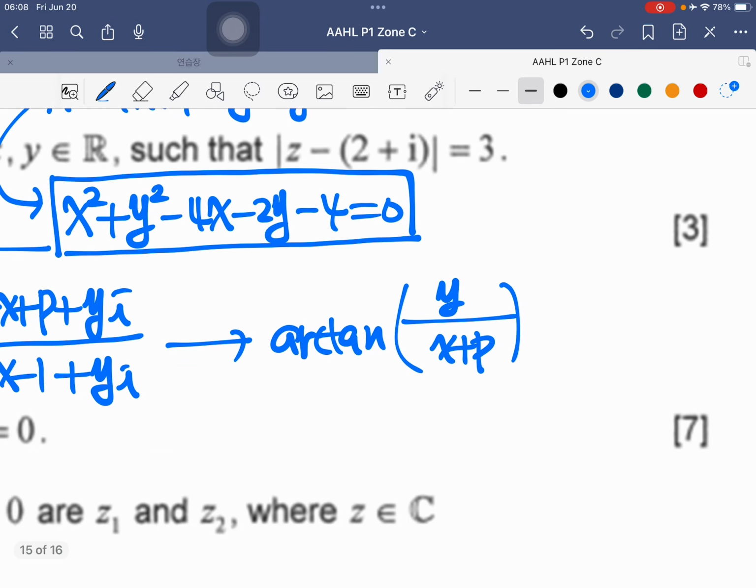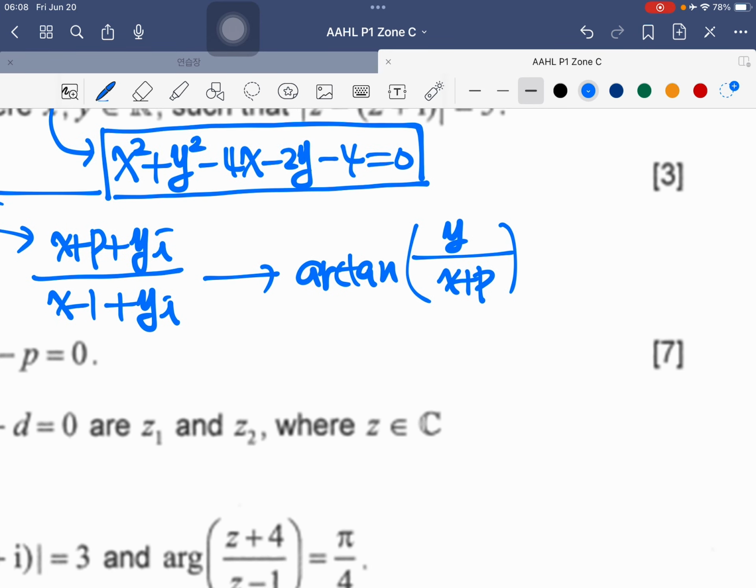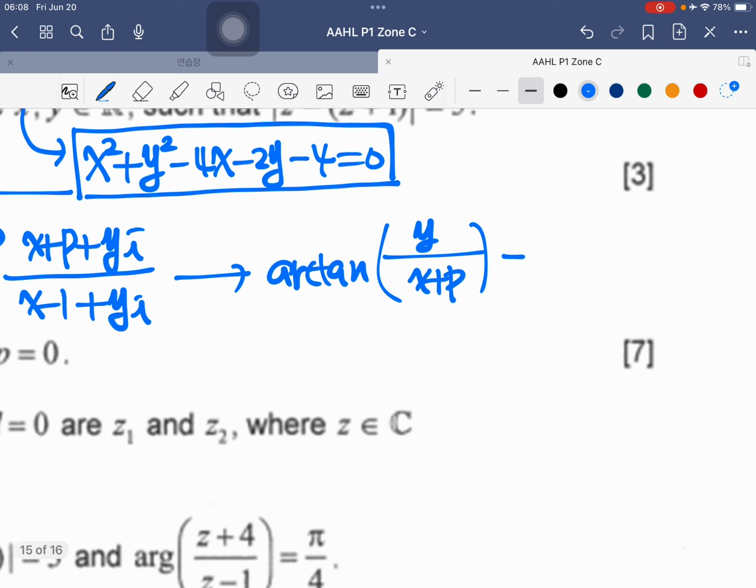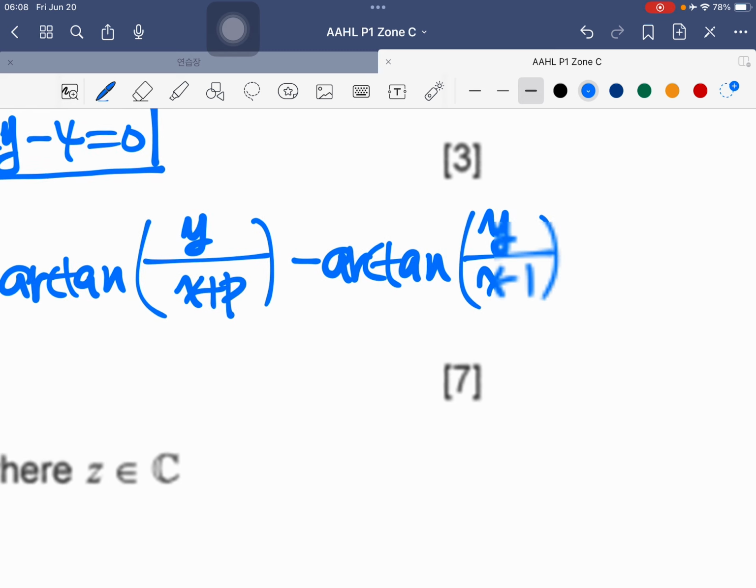And then the argument of the denominator is subtracted. The argument of the denominator is arctangent of y over x minus 1. And then the question says this argument is pi over 4.